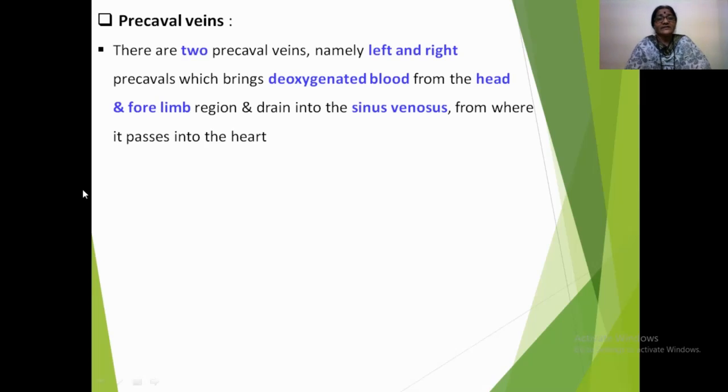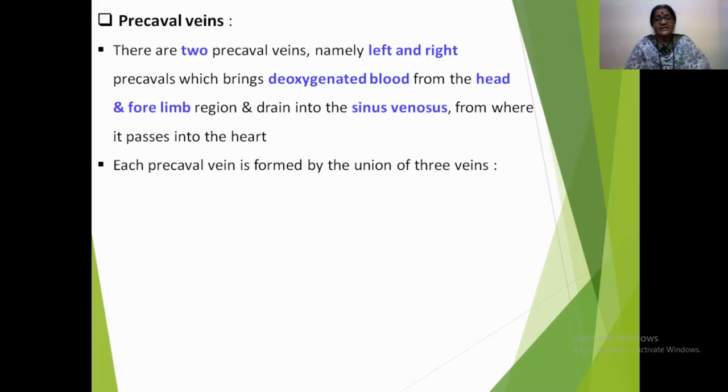The two precaval veins, namely the left and the right precavals, bring deoxygenated blood from the head and the forelimb region and thus drain it into the sinus venosus, from where it passes into the heart.